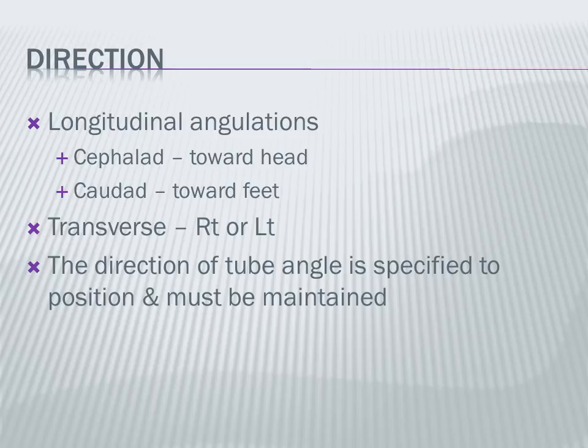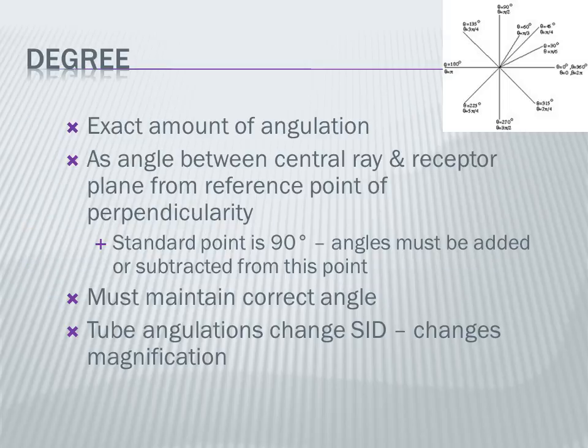Transverse is right or left, and the direction of the tube angle is specified for the position and must be maintained. Degree is defined as the exact amount of angulation, the angle between the central ray and receptor plane from the reference point of perpendicularity. So the standard point is a 90 degree angle, and degrees must be added or subtracted from this point. You must maintain the correct angle.